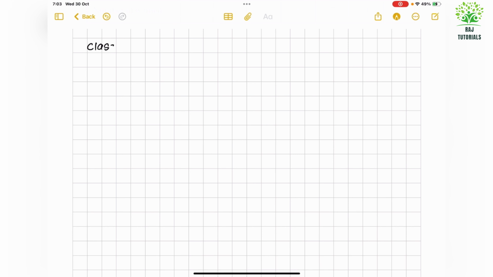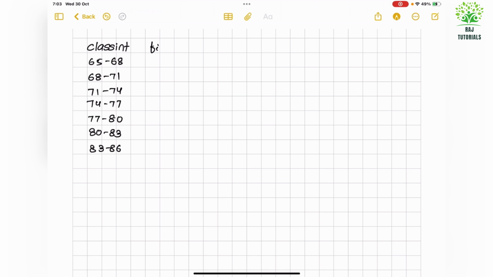So class interval, that is 65 to 68, 68 to 71, 71 to 74, 74 to 77, 77 to 80, 80 to 83 and 83 to 86. Now fi given are 2, 4, 3, 8, 7, 4 and 2.